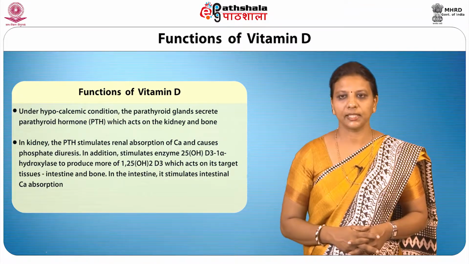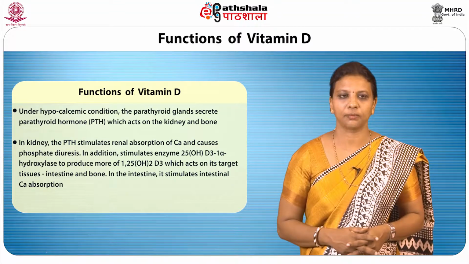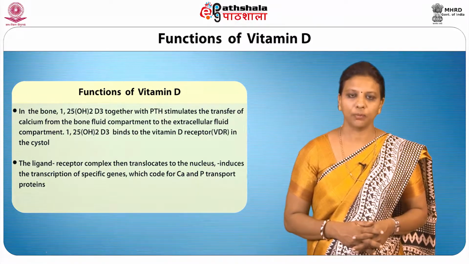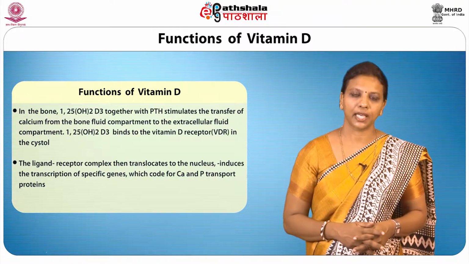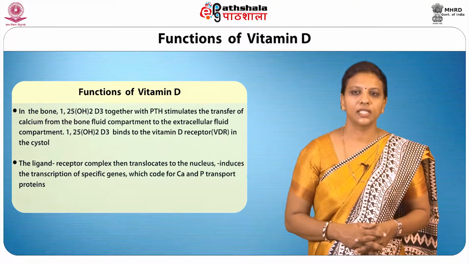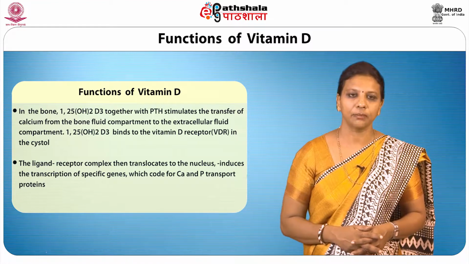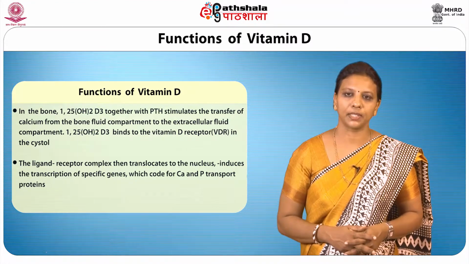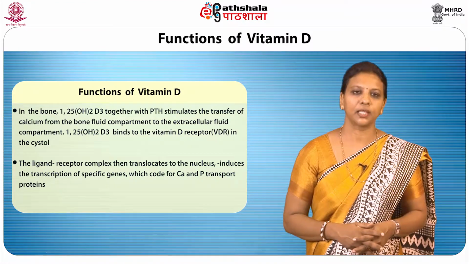In the intestine, it stimulates intestinal calcium absorption. In the bone, 1,25-dihydroxy D3 together with parathyroid hormone stimulates the transfer of calcium from the bone fluid compartment to the extracellular fluid compartment.